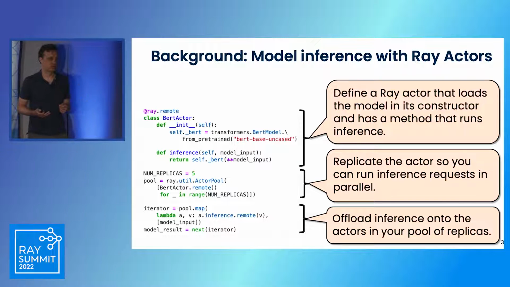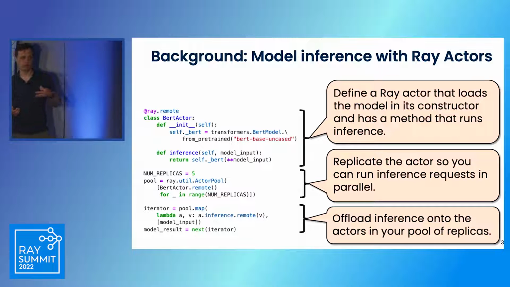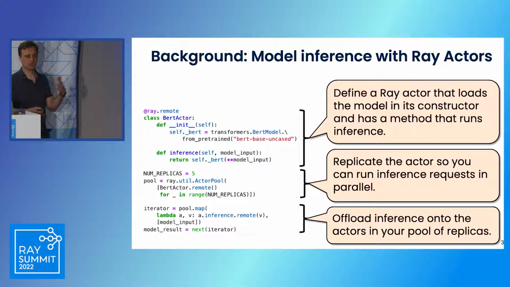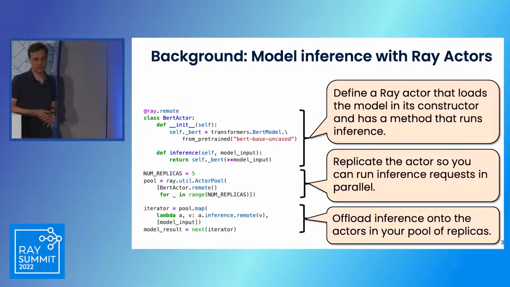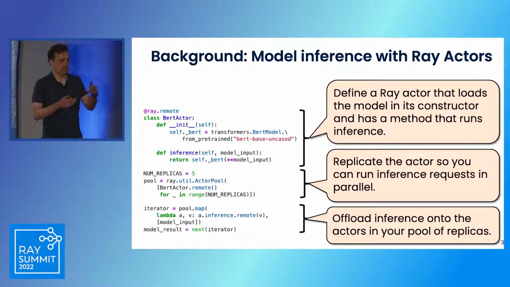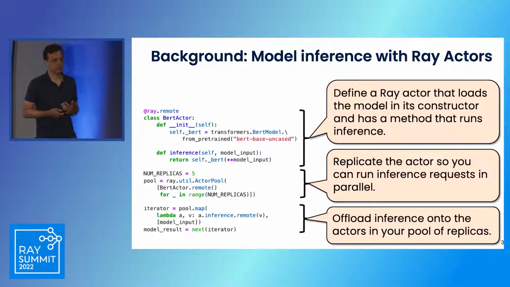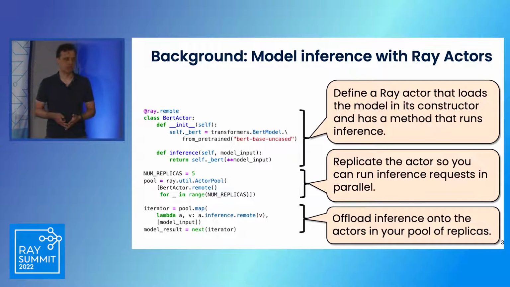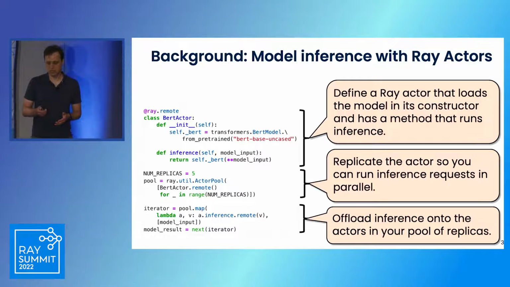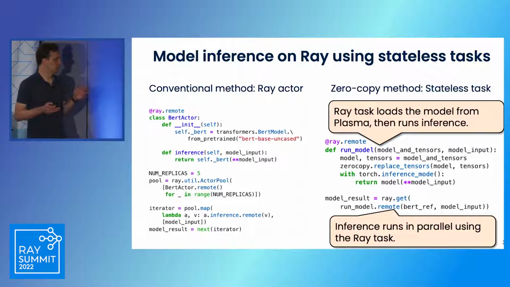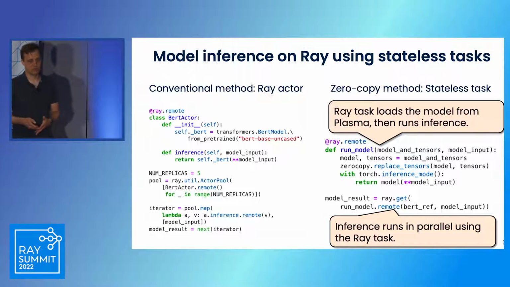The constructor for this actor class will load the model, which may take a second or two, but it's only doing that once. All your inference requests go to a method of the actor class, which you can invoke remotely, and that will hit that persistent copy of the model that's in memory. And to get scalability, you would create a pool of these actors and route your inference requests to the elements of the pool.